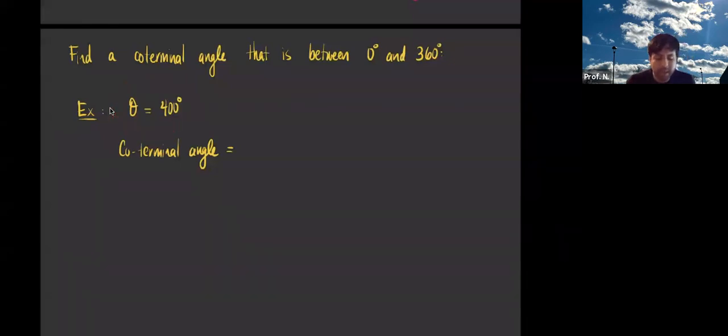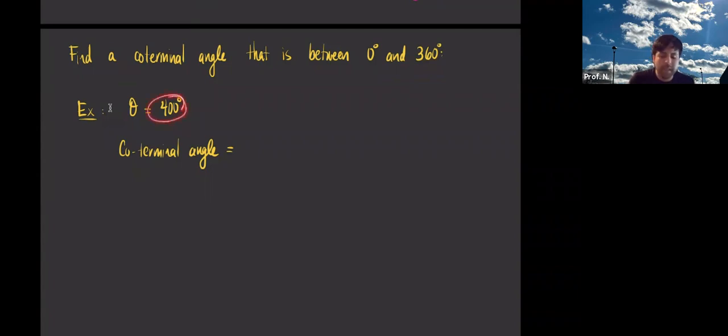What is the angle or the coterminal angle to 400 degrees that is between 0 and 360? So remember what we talked about coterminal angles? You just have to add by 360 as many times as you like, or subtract by 360 as many times as you like. Well, 400 degrees is outside or above 360, right? It's greater than 360.